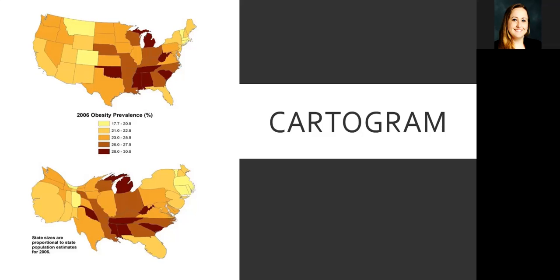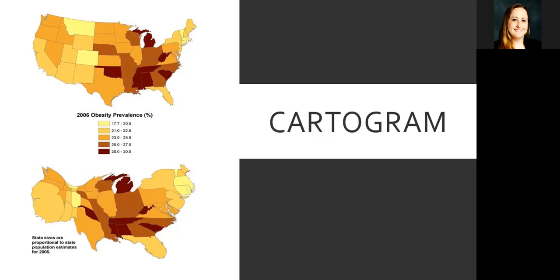But this is not the only way you can create a cartogram. So this particular cartogram was created by some algorithm that altered the shape of the US states. But instead of having the shapes of the states changed, you can represent each state with a circle or some other shape.